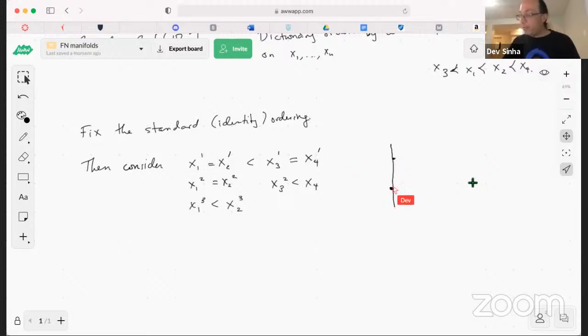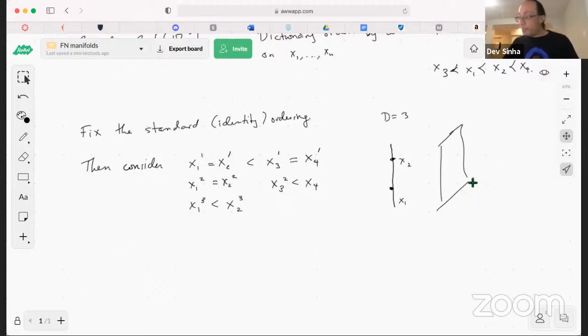If these are, say, d equals 3, to draw this, then what we're saying is x1 and x2 share their x and y coordinates, if you will, their first and second coordinates. Their z coordinates differ. x1 is below x2. And then x3 and x4 share the same x coordinate.